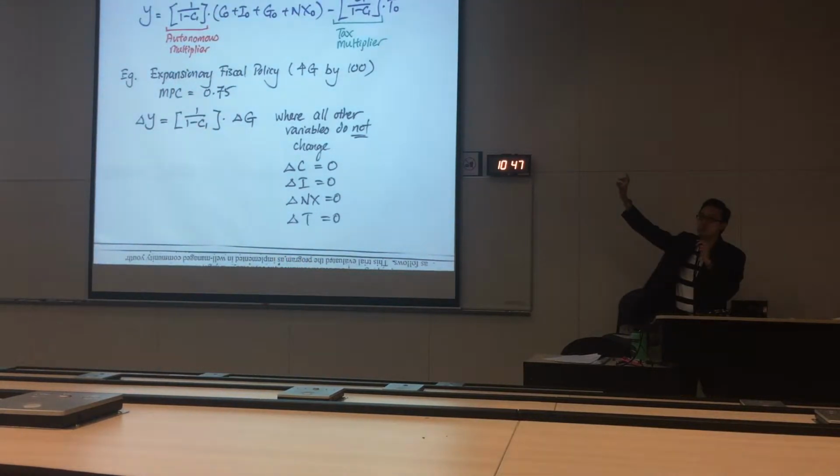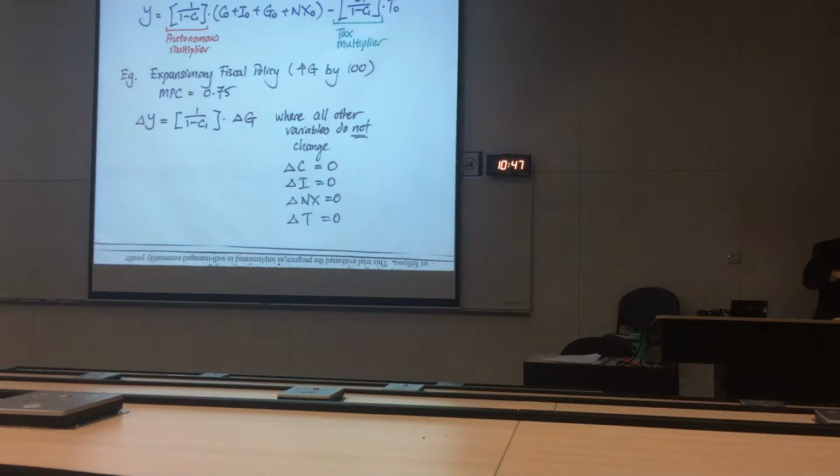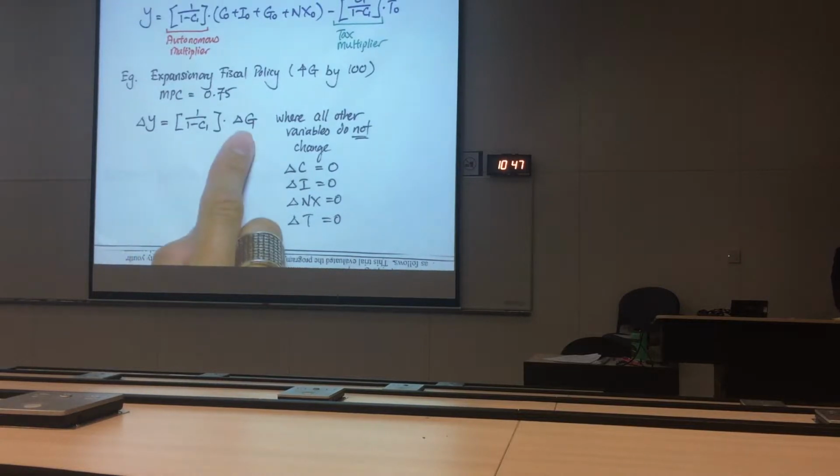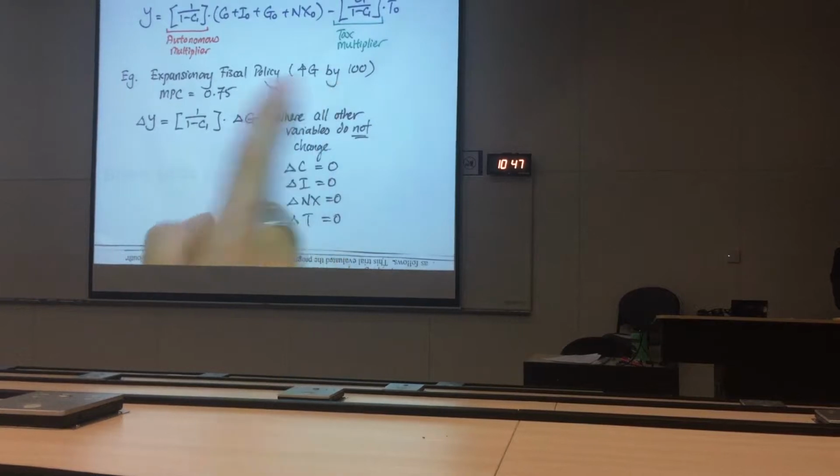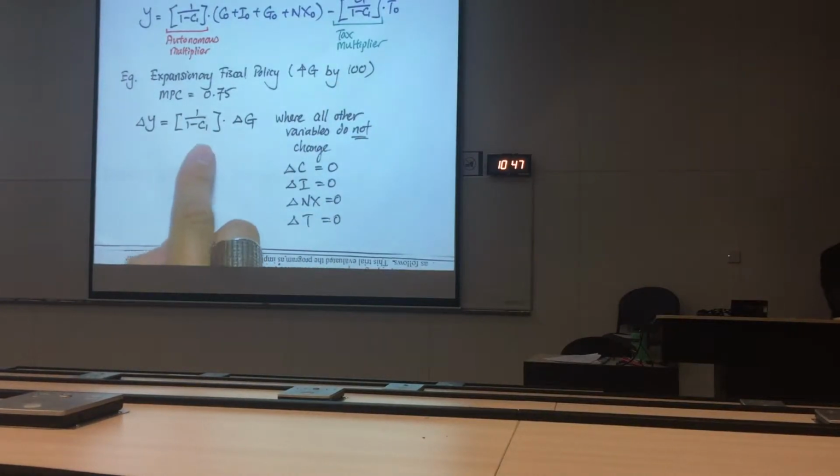Okay, so it's simply just remembering the formula that you have. The rest of it is just slotting the numbers in. You want to find out how much the Y went up, but you have the change in the G, it is going up by 100. You have the MPC, which is your C1.